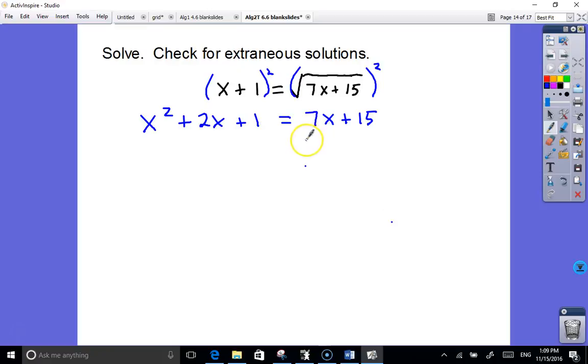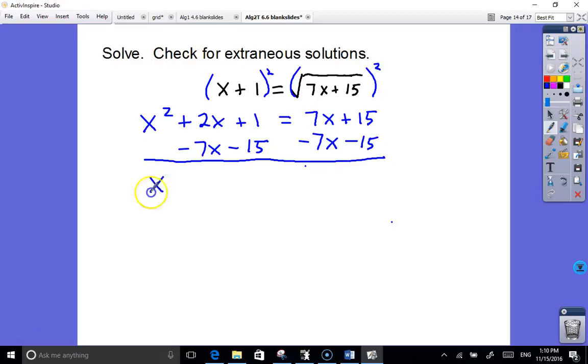So let me subtract 7x and 15 from both sides. And on the left, I've got x squared minus 5x minus 14. On the right, I've got my 0.